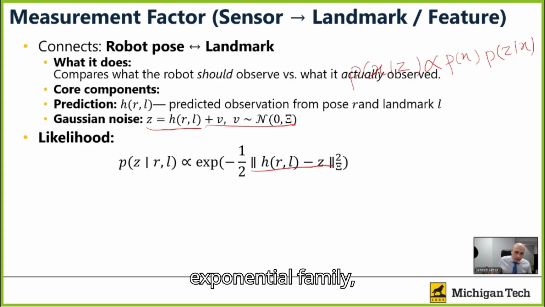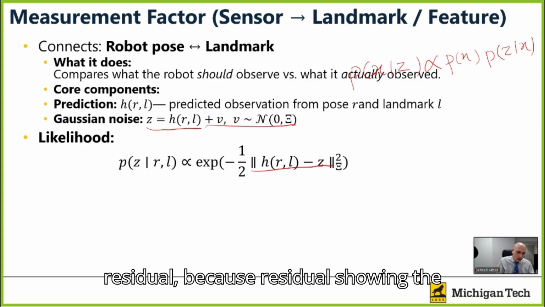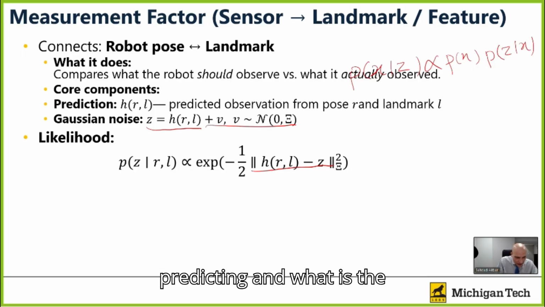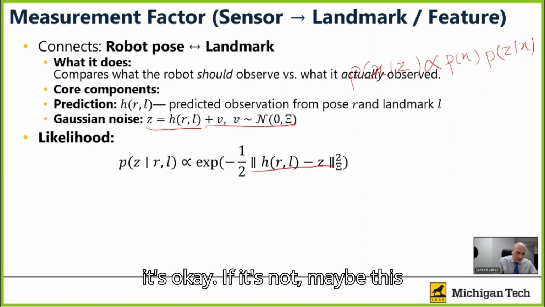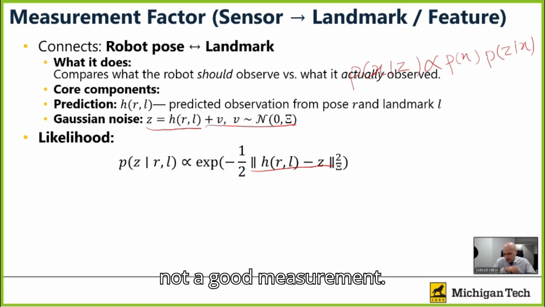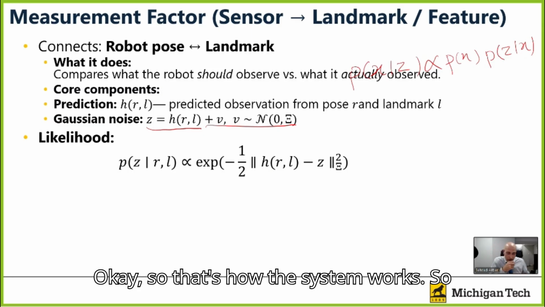If it's an exponential family, the exponent part is always the error or residual, because the residual shows the difference between what you were predicting and what the sensor is telling. If this is close enough, it's okay. If it's not, maybe this measurement is an outlier. Maybe this is not a good measurement. Okay, so that's how the system works.